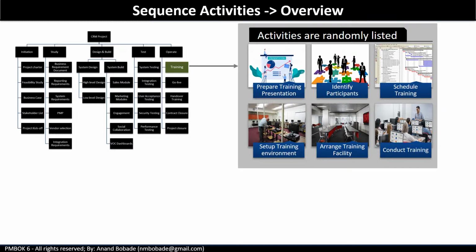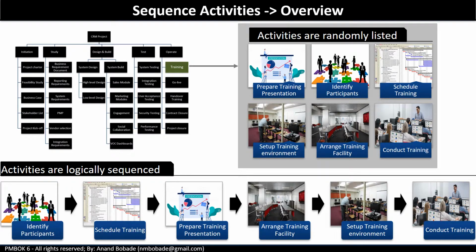We identify the relationship between these activities and we create a logical relationship and execute them in the same order during the project execution. To summarize, in the sequence activities process, the relationships among the project activities are identified and documented in order to determine the logical sequence of work to complete the project work packages or to complete the project's deliverables.